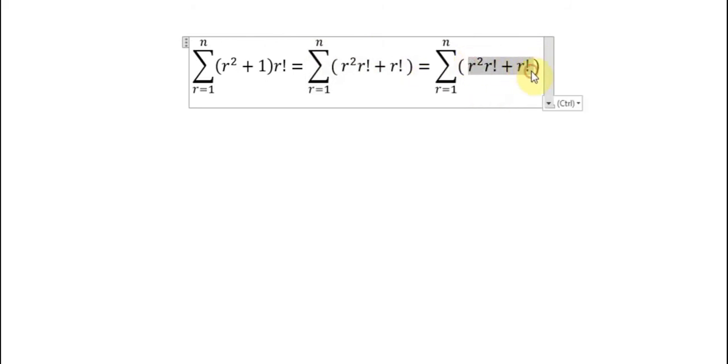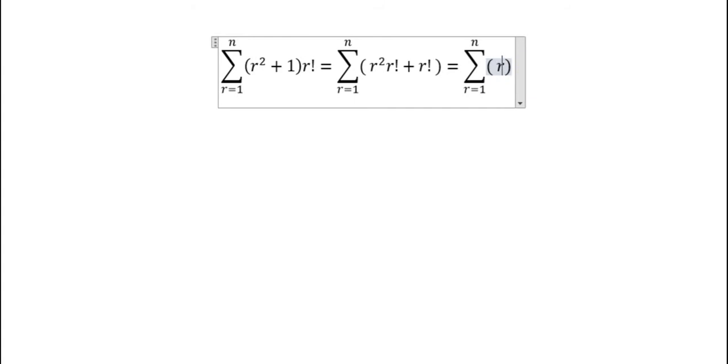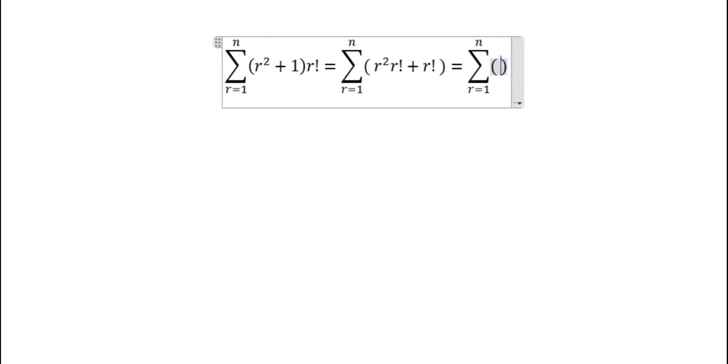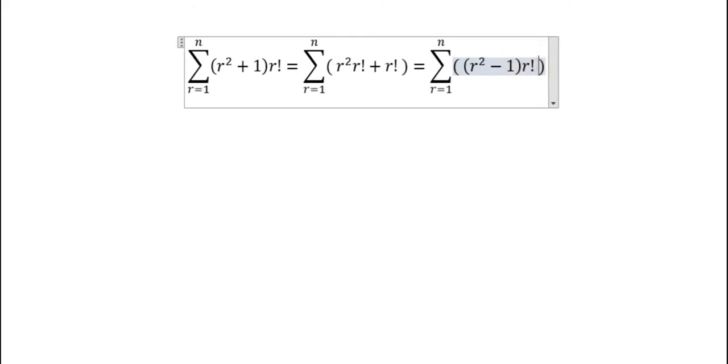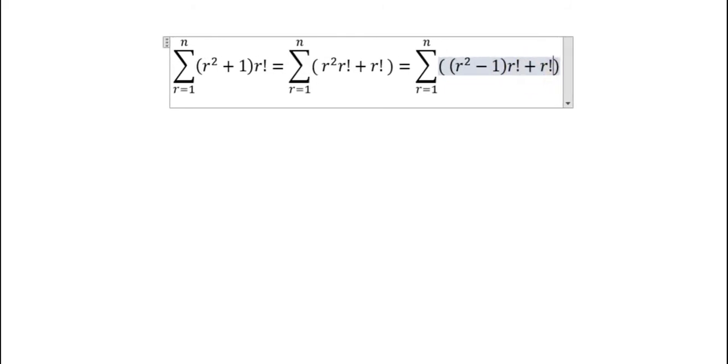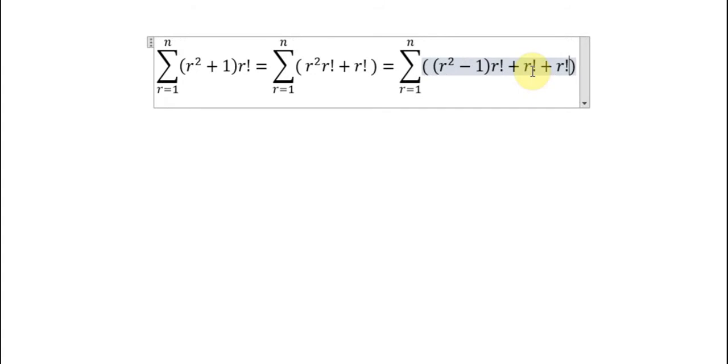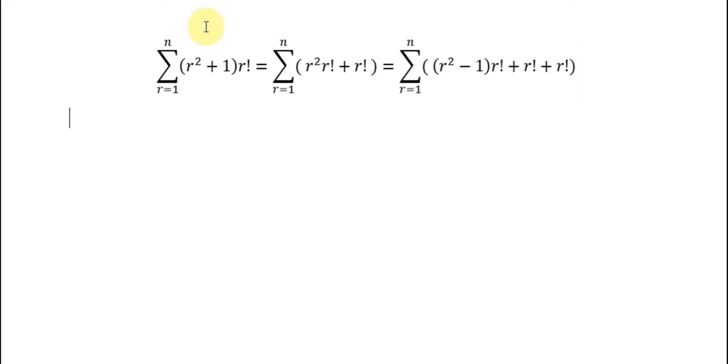In this one, we put r power 2 minus 1 times r factorial, plus r factorial, plus r factorial, because minus 1 times r factorial with plus 1 with r factorial, you get about the same in the reverse one, and we can get the next one.